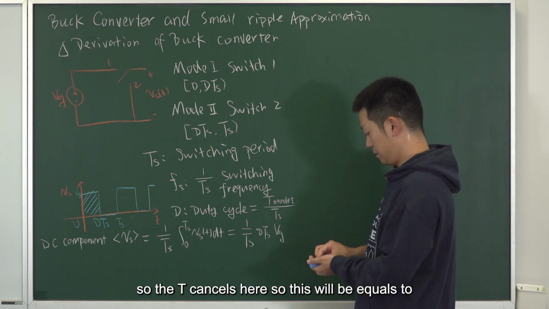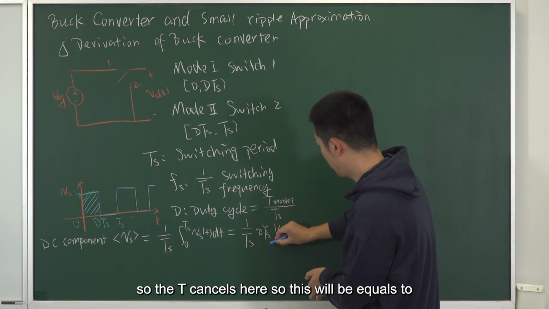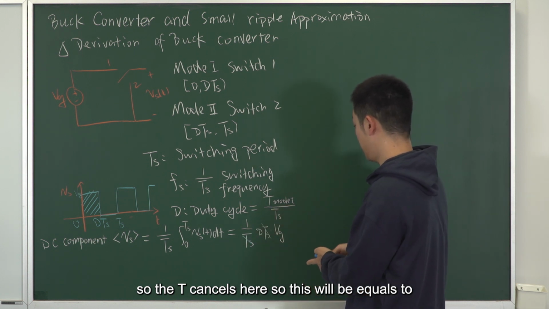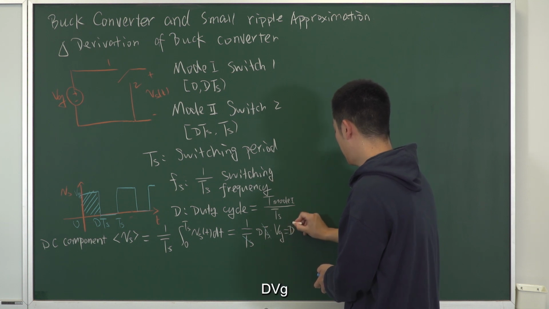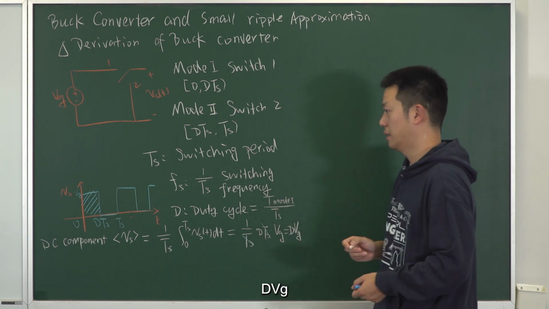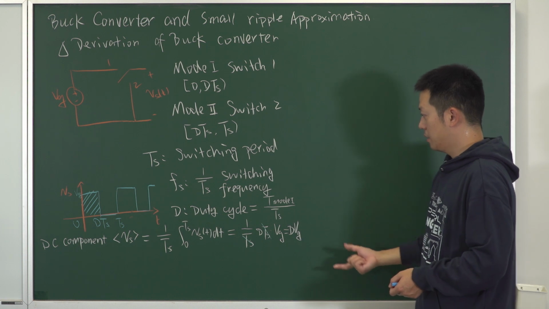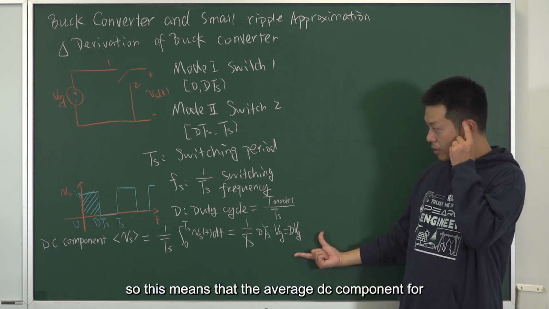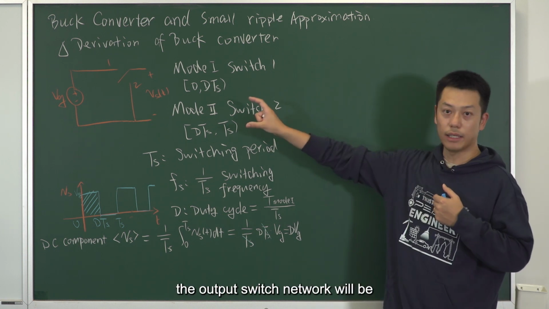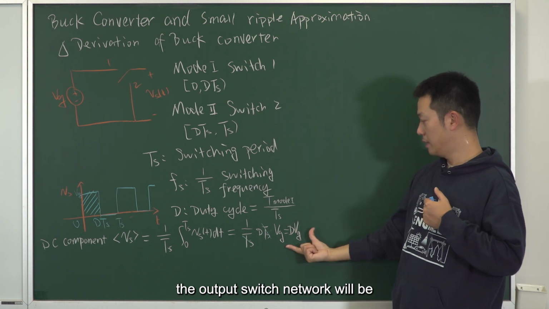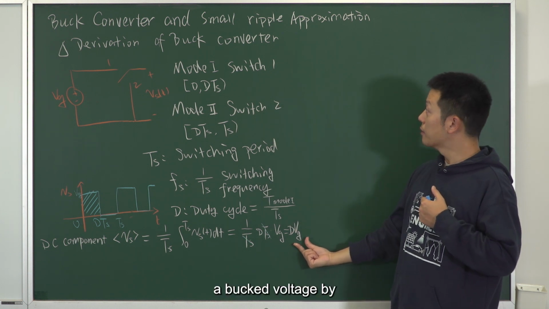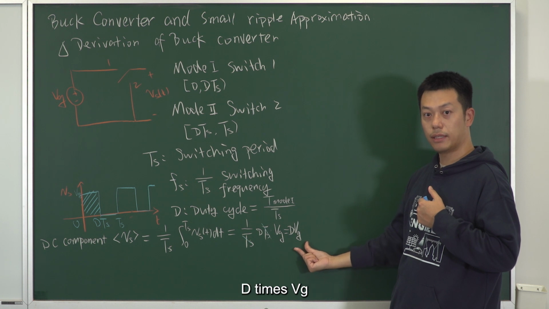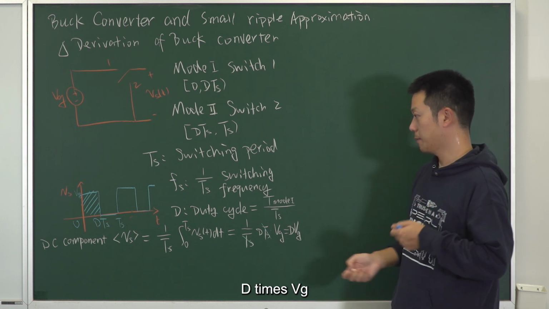So the Ts cancels here, and this will equal DVg, right? DVg. This means that the average DC component of the output of the switch network will be a bucked voltage, D times Vg.